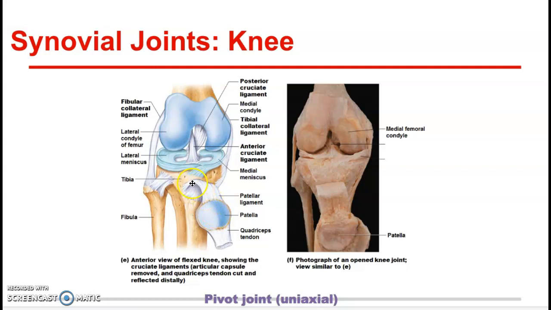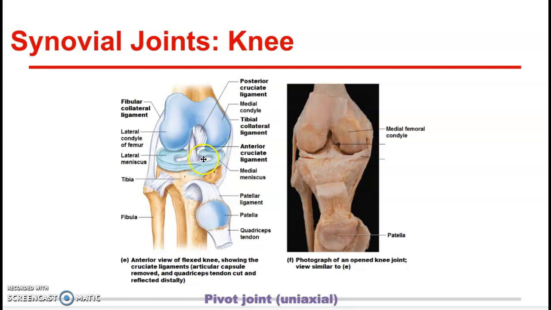Below the patella is the patellar ligament, and above the patella is the quadriceps tendon. Here are the condyles of the femur, and we see the tibia here, but above the condyles of the tibia, we see what's called a meniscus. We have a lateral meniscus and a medial meniscus over here.